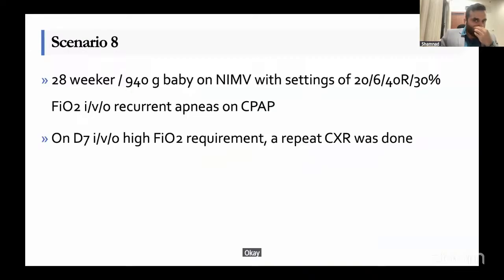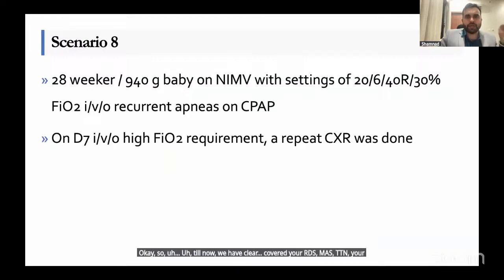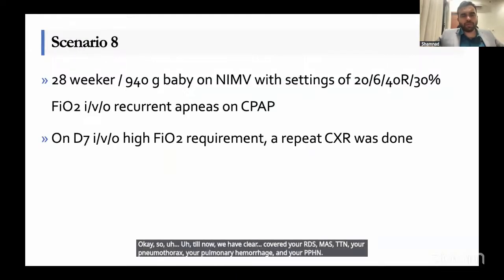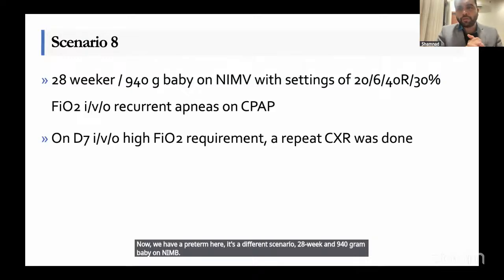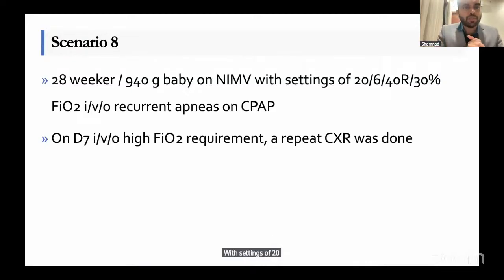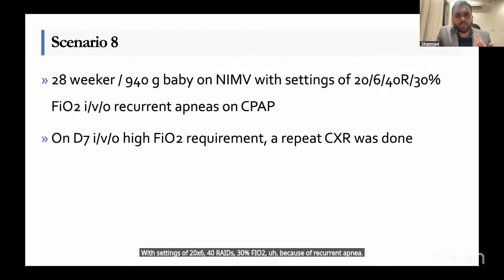Okay, so till now we have covered your RDS, MAS, TTN, your pneumothorax, your pulmonary hemorrhage, and your PPHN. Now we have a preterm here as a different scenario, a 28-week and 940 gram baby on NIMV with settings of 20/6, 40 rate, 30% FiO2. Because of recurrent apnea, usually this baby was on a CPAP of 5.